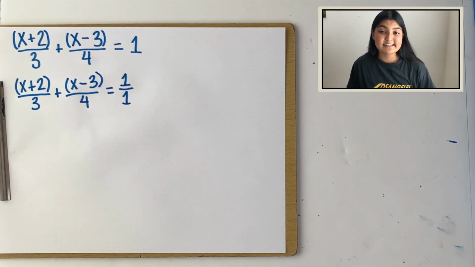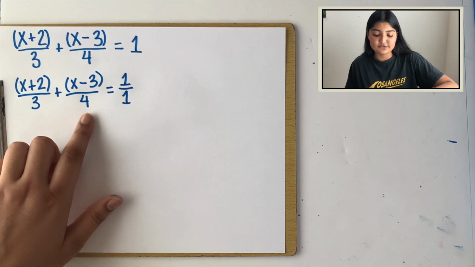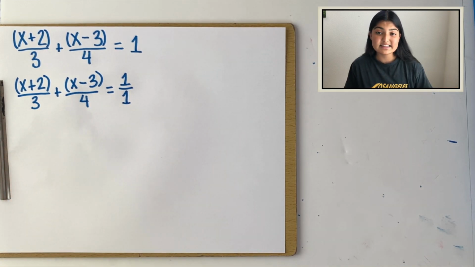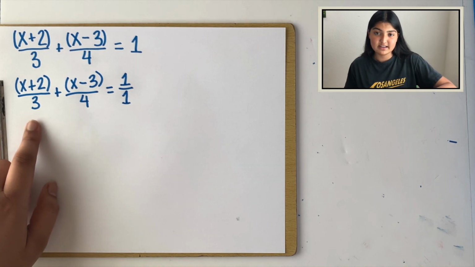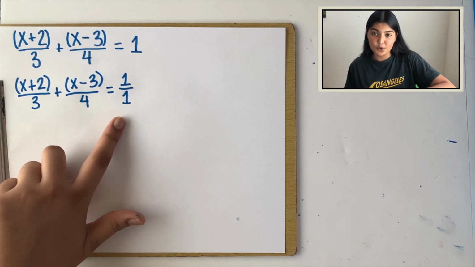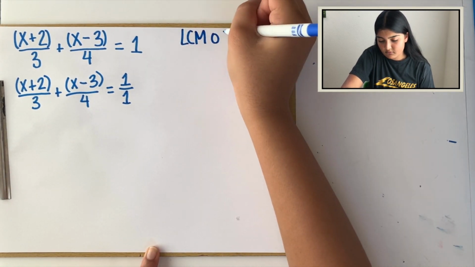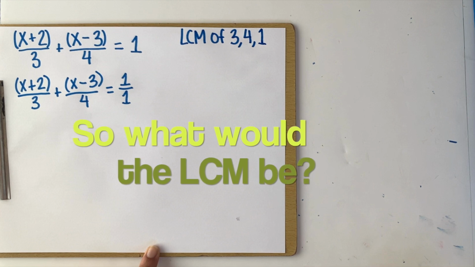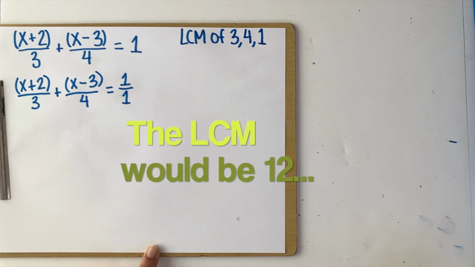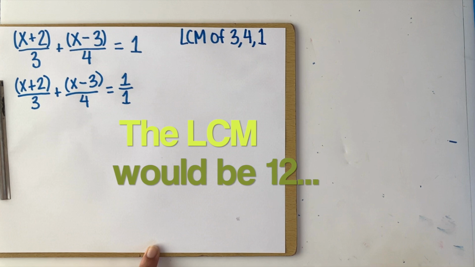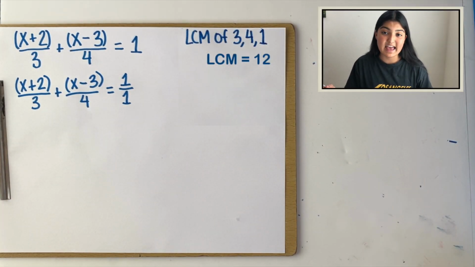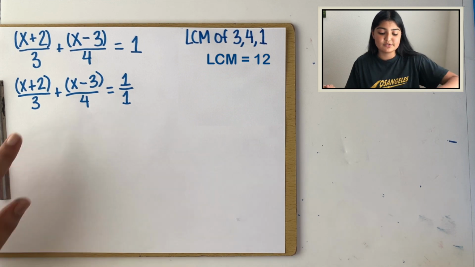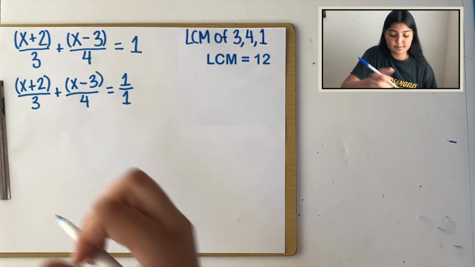Next, since we want to get rid of these fractions, let's find the least common multiple of 3, 4, and 1. So the LCM is 12. Let's multiply 12 to this entire equation.